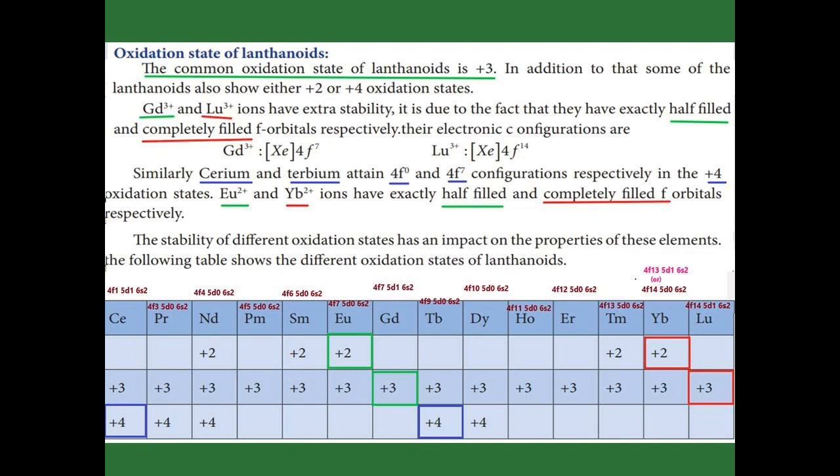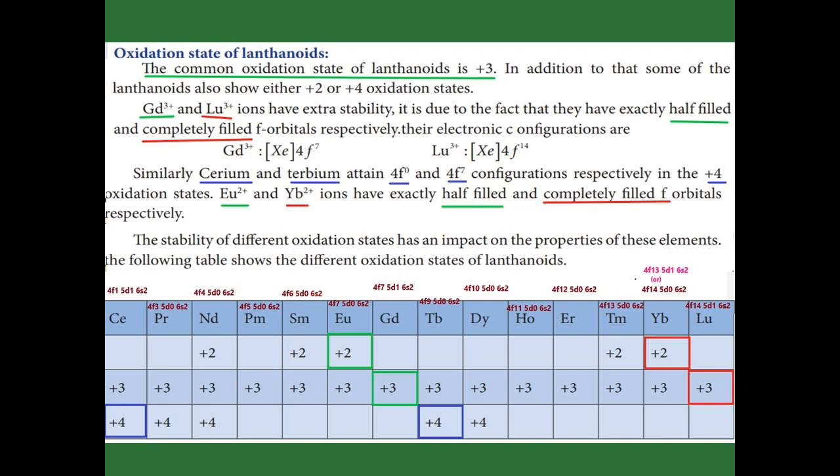In lutetium also, the outer electronic configuration is 4f14 5d1 6s2. If we lose the 5d electron and 6s electrons, 4f14 is a stable configuration. So in lutetium the only oxidation state is +3.